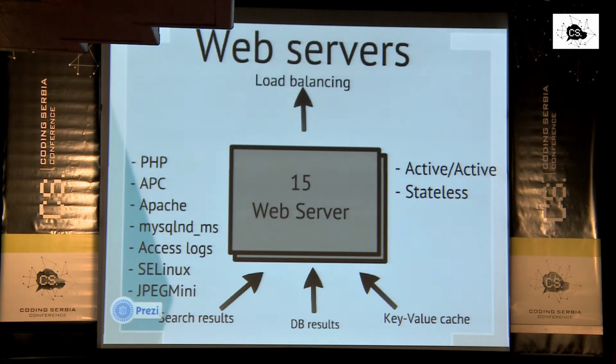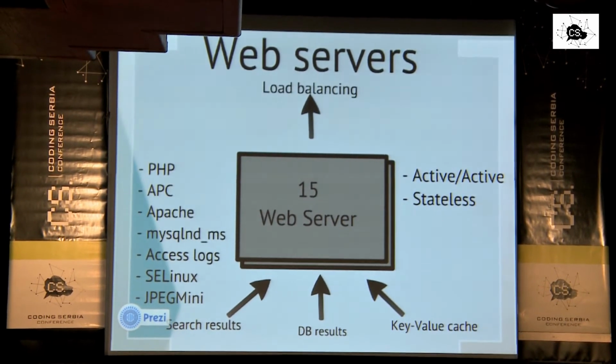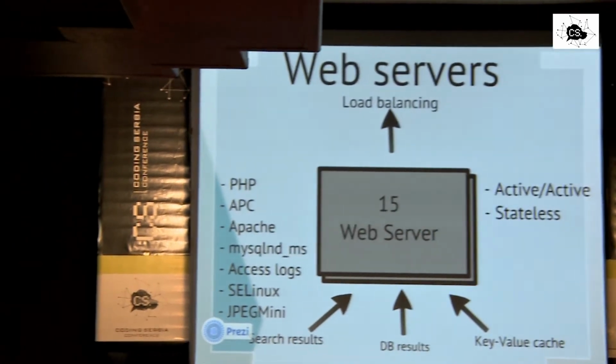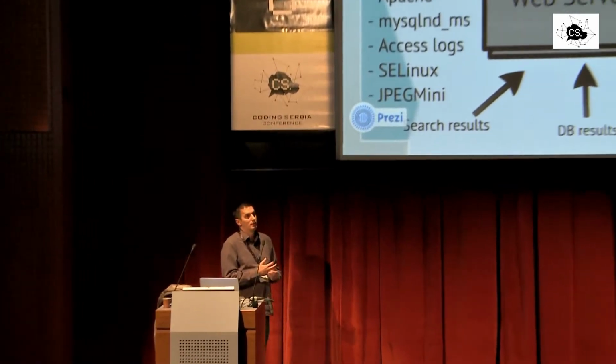So APC caches PHP bytecode into memory, and web servers and PHP interpreters serve these PHP pages directly from memory. As of PHP 5.5, we installed it. We put it in production actually yesterday, after a couple of weeks of researching and ironing out the incompatibilities with the previous versions.